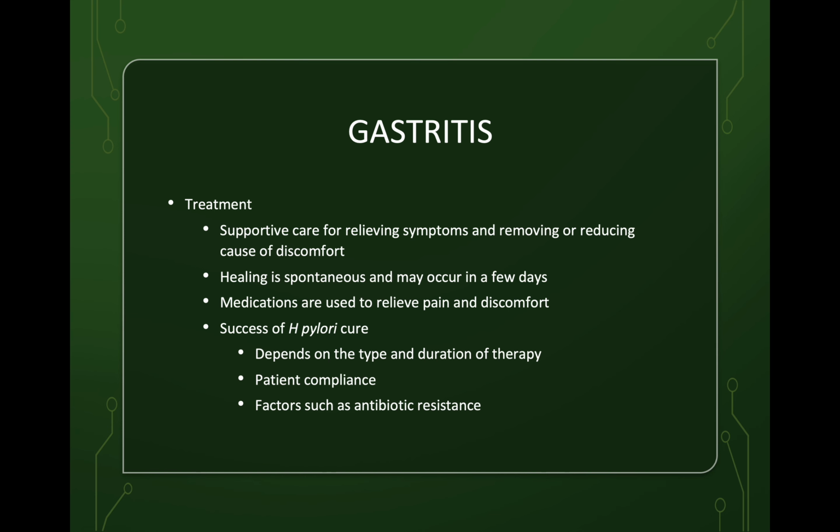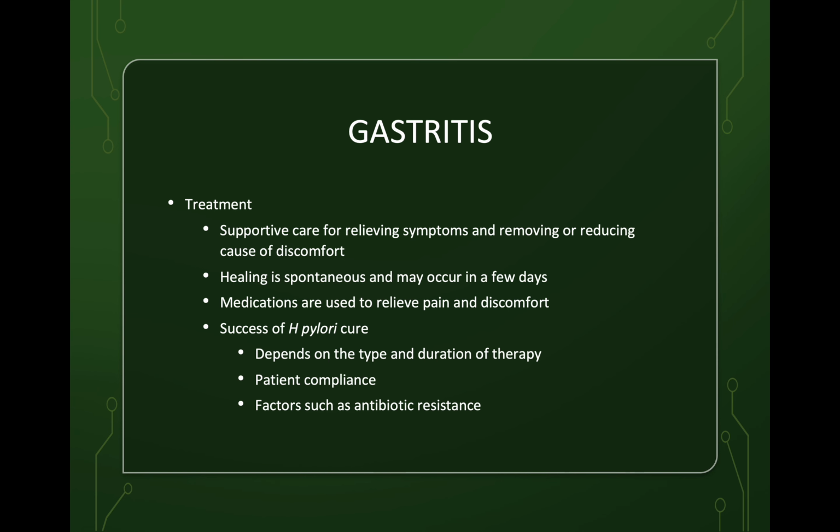One thing to consider is overall GI rest for a period of time, 6 to 12 hours, maybe NPO for a little bit, and then slowly reintroducing substances into the stomach, maybe starting with clear liquids. Those are going to be less irritating.